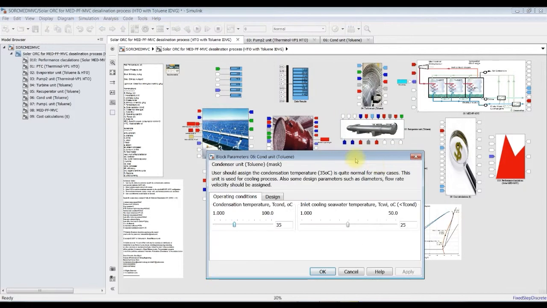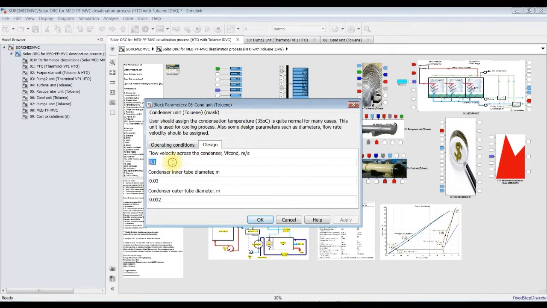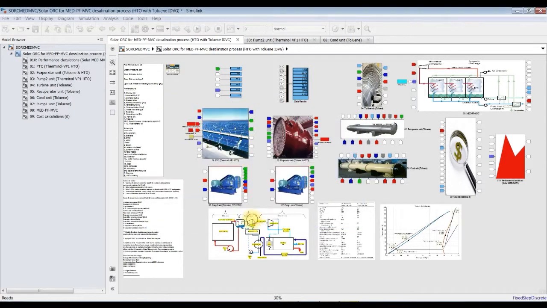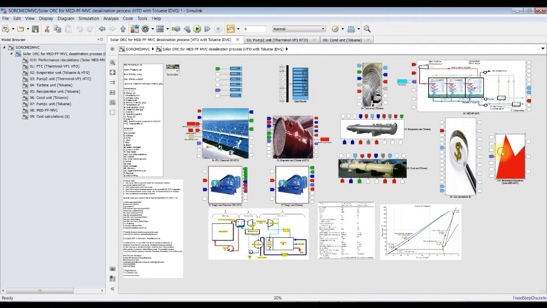A condenser unit, yes. For the condenser, this is condensation temperature. I think 35 is quite interesting. Seawater temperature is 25. Good. Some design aspects for the condenser, and this is the cost analysis block and this is the performance block.